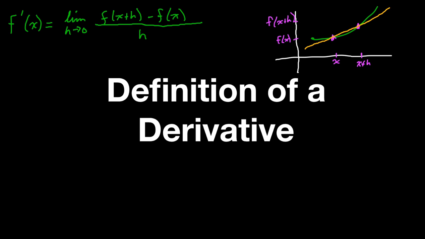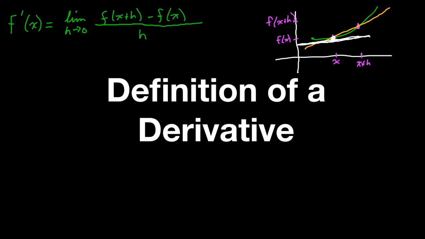We can find the slope of that secant line simply because we have 2 coordinates: change in y over change in x, calculated just using your slope formula. However, if we want to find the slope of the tangent at this particular point, that tangent just touches the curve at one point.